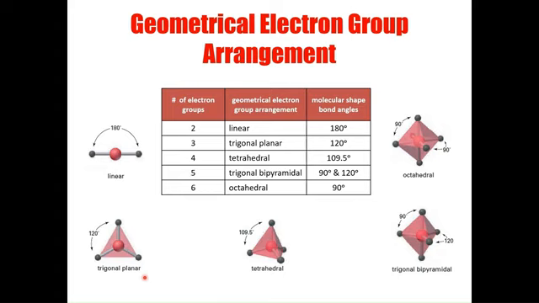But it's important to note again that molecular shape is based off of bonded atoms. And so if I were to name the molecular shape here, I would also name it trigonal planar because the bonded atoms are taking the same form as the electron groups.